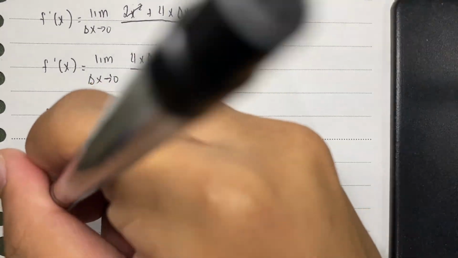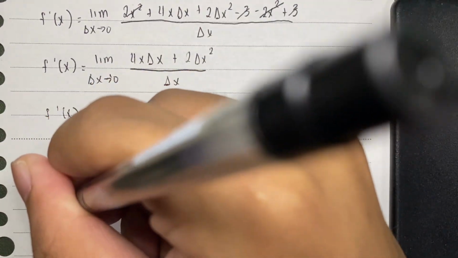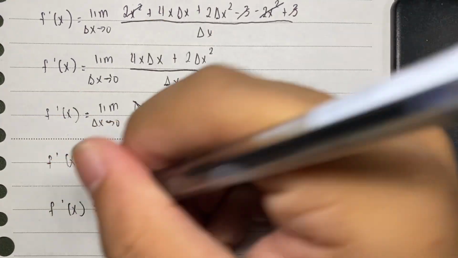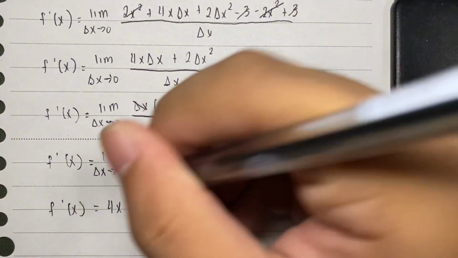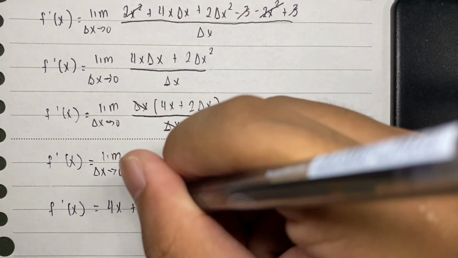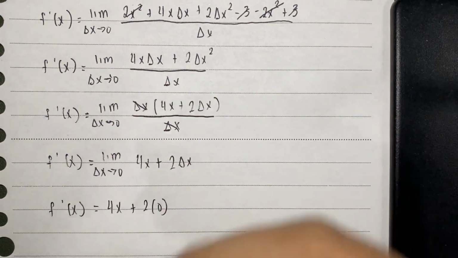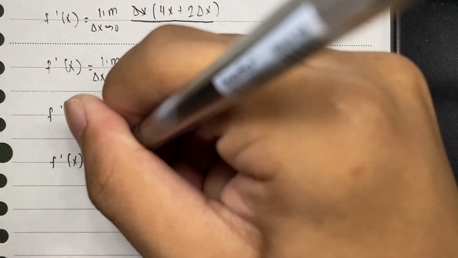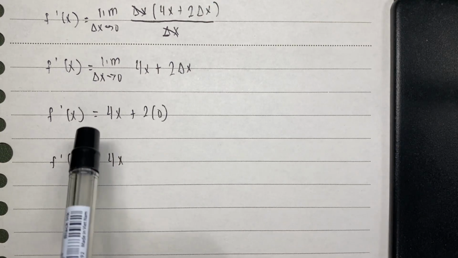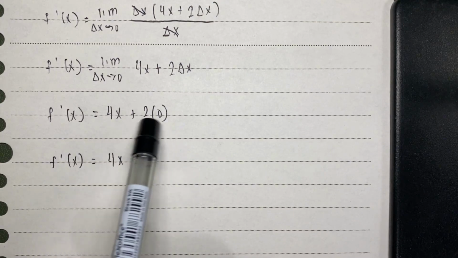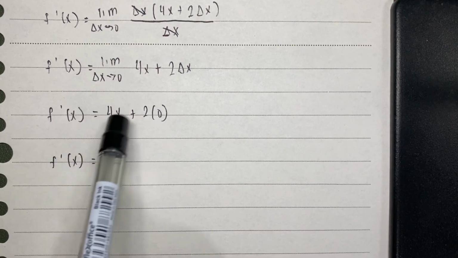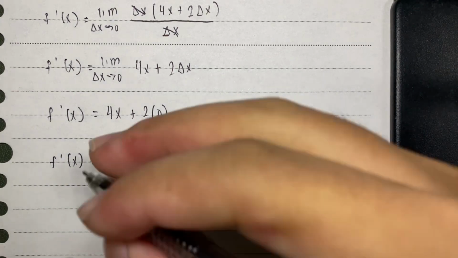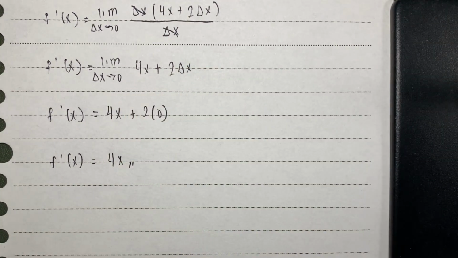Now f prime of x is equal to 4x plus 2 times 0, and the final answer is f prime of x is equal to 4x, because 4x plus 2 times 0, this is just simply 0, 4x plus 0 is 4x. That's the final answer.